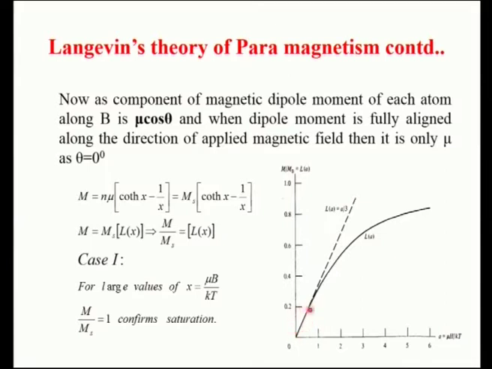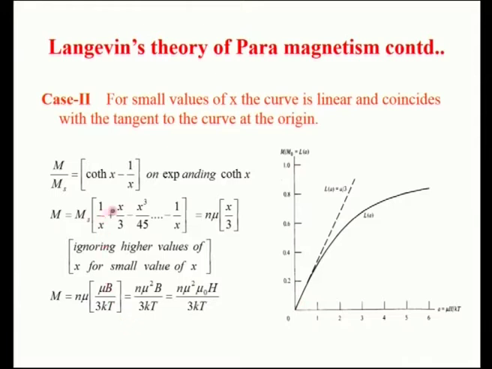Within this region, that is at high temperature, we can simplify the expression by expanding it for small x. If you do that, we finally get this quantity to be x by 3. This coth x minus 1 by x will go to x by 3 for small x, by neglecting higher order terms x square, x cube, and so on.